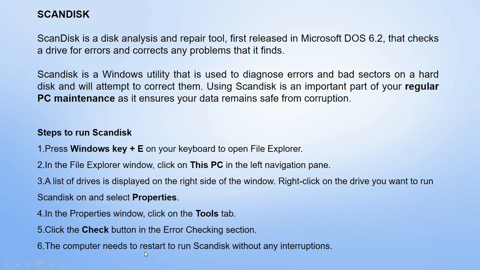The computer needs to restart to run the Scandex without any interruption. In this manner you can use the Scandex command to check whether your system has any bad sectors or not. All the information will be diagnosed and checked by the Scandex command, and it shows you the report.